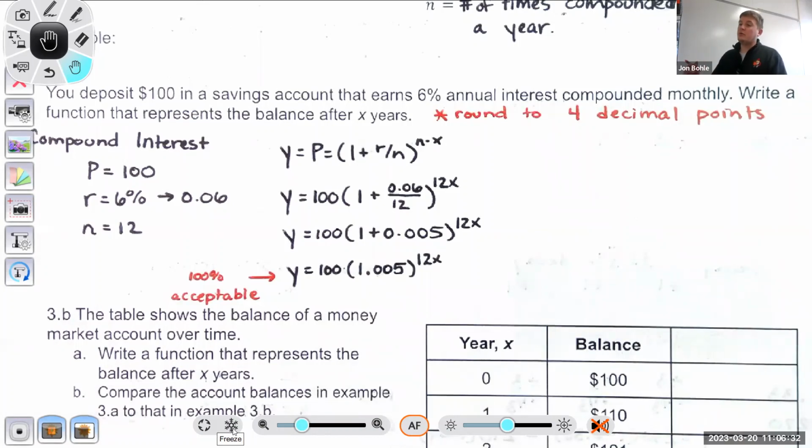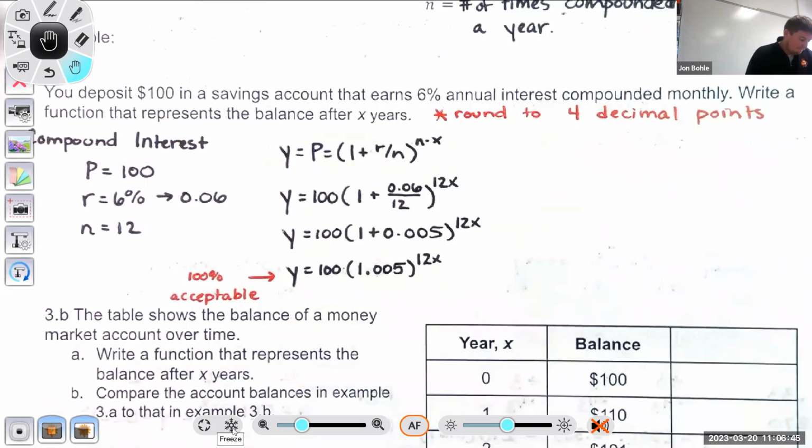The next thing I'm going to show you, though, is just a little trick using exponent properties so we can compare exponential growth equations pretty easily. Power to power rule. Anybody happen to remember that? When I have an exponent raised to a second exponent, what do you do?